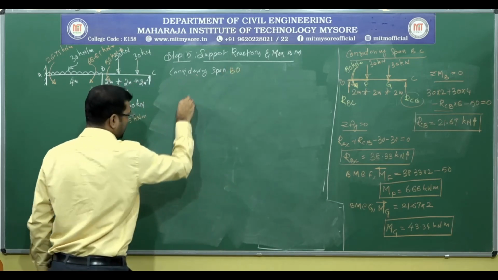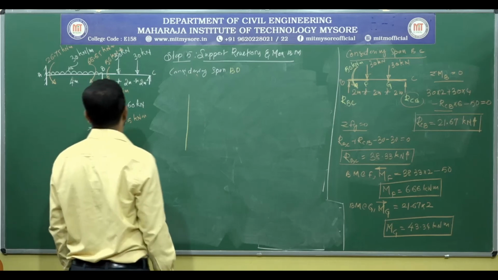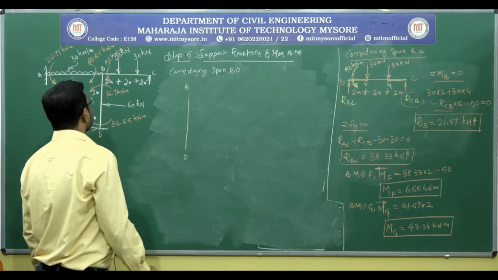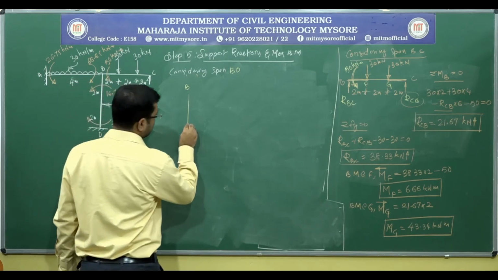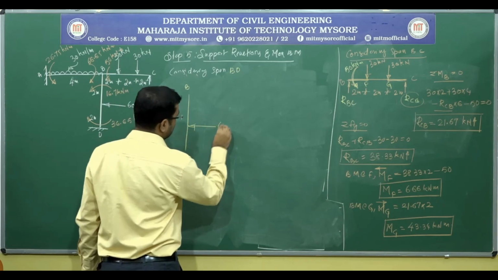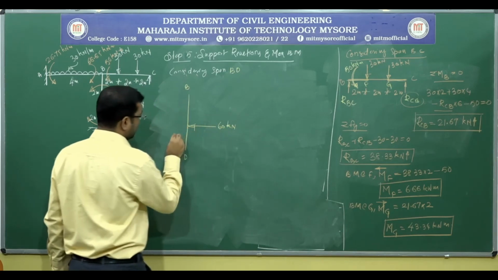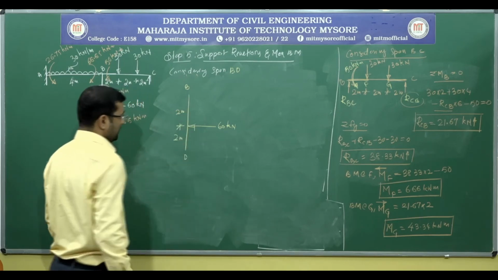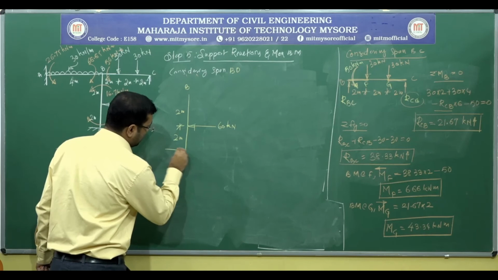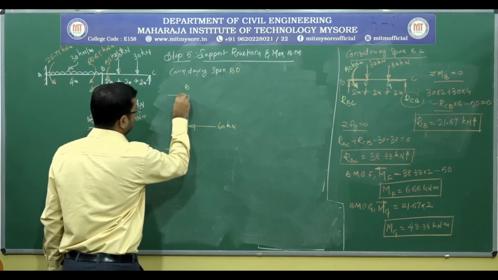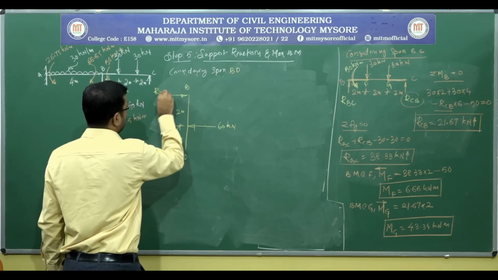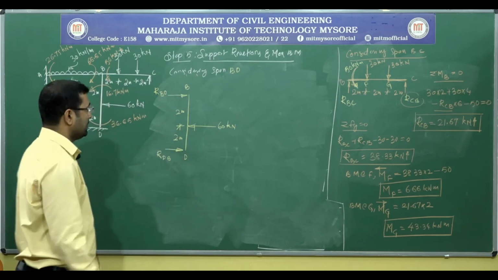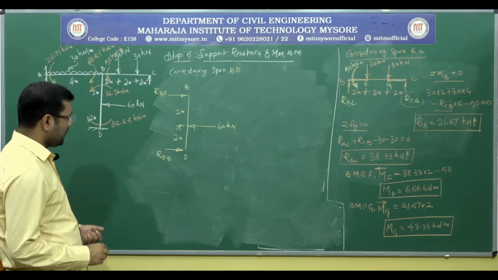So here BD is a vertical member, B and D. On this member we have a 60 kilonewton concentrated load exactly at the center. So this is 2 meter and this is 2 meter. Let me consider the reactions in this fashion. Let us say this is RBD and this is RDB. So we need to calculate these.